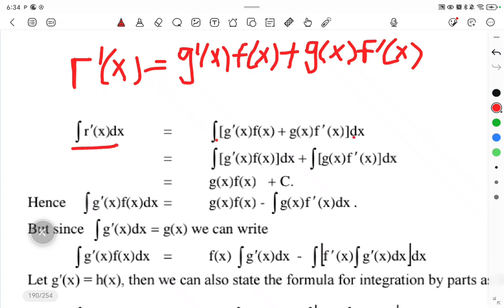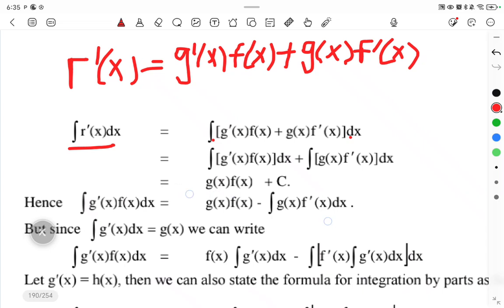Then we apply the integral on the two sides. When we apply the integral here, we also apply the integral here. Let's check the first one first, which is the integral of g'(x) f(x) dx.